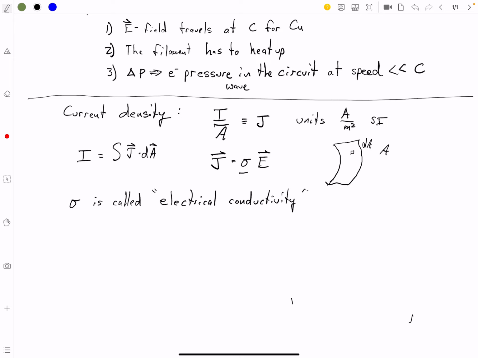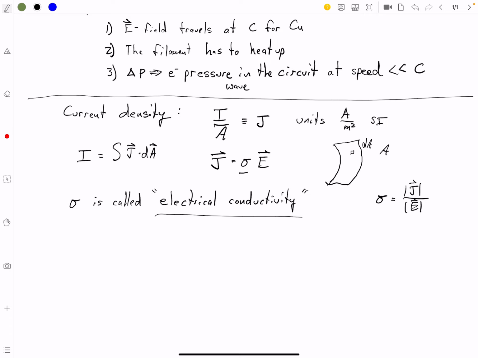So we've got our electrical conductivity, and we can rewrite it. If you're looking for your electrical conductivity, you can just say that sigma is equal to J over E. And we've got our sigma, and everybody's happy. So that's awesome. And that is electrical conductivity.